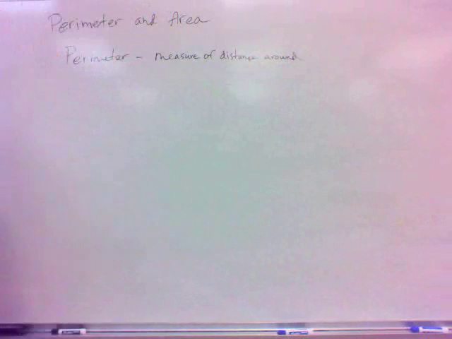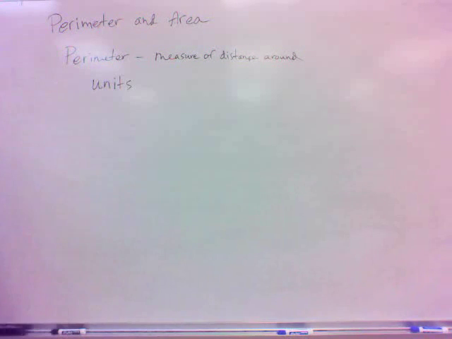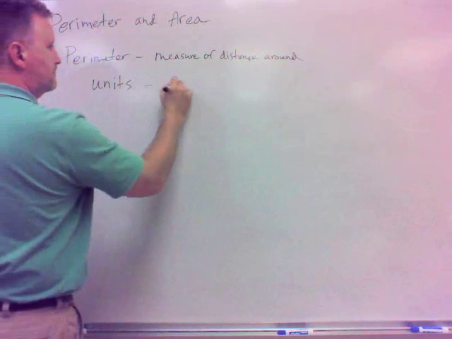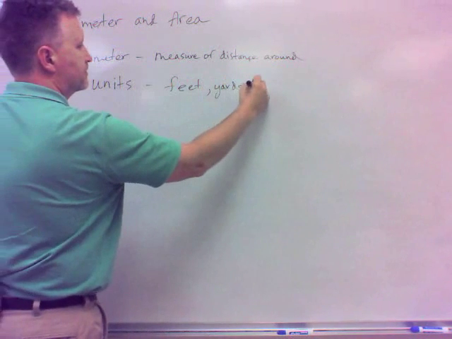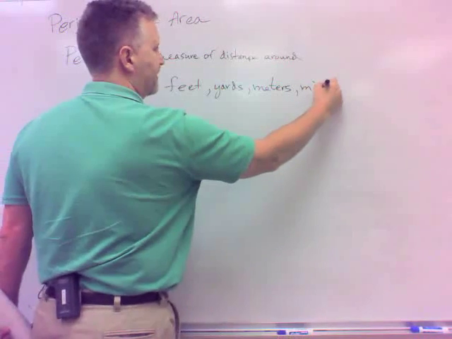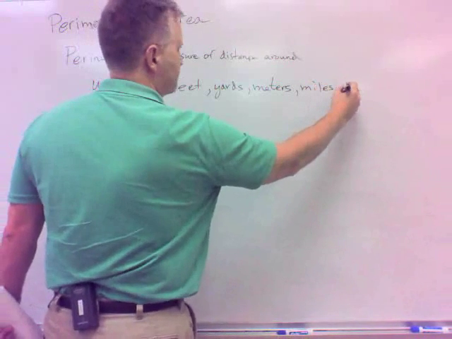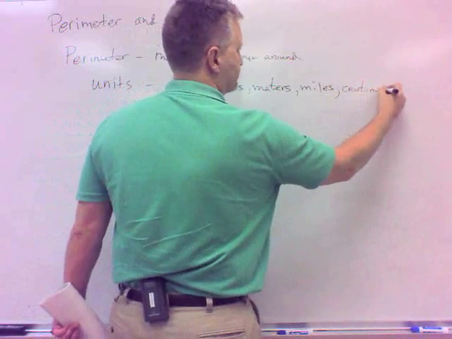What kind of units can I use for perimeter? Just the basic units, right? Depending on what type of measuring device I want to use, I can have feet, yards, meters, miles if we have a bigger figure, centimeters or inches if I have a smaller one.